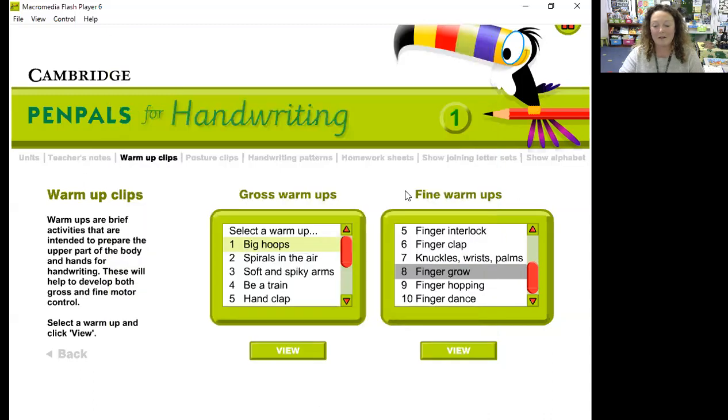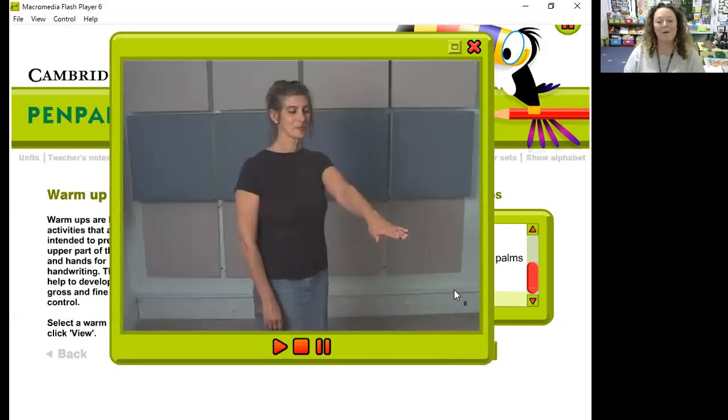Brilliant. Okay, I wonder now whether or not you're sitting comfortably and we can do the smaller, the fine motor warm up. Let's see. Oh, it's number 10. It's called finger dance. Follow along.